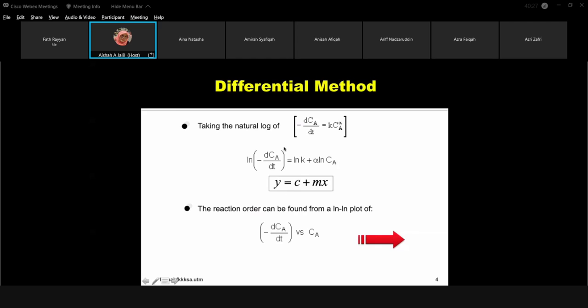When you do this, you get y equals mx plus c. You can see y equals ln of negative dCA per dt, x equals ln CA. So the m is equal to alpha, and when you get the alpha, you can find out the k, which is c.